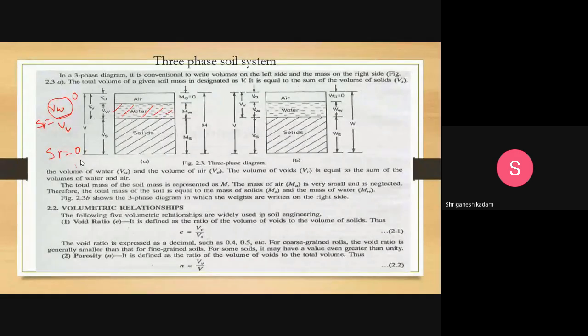If we bring that soil in lab and keep that soil in oven for 24 hours at 100 degrees Celsius, then completely we can remove water from that soil and soil is completely dry. Now at that time we can say that the degree of saturation for that soil is 0. Okay, and the soil is in dry state. So this is degree of saturation.